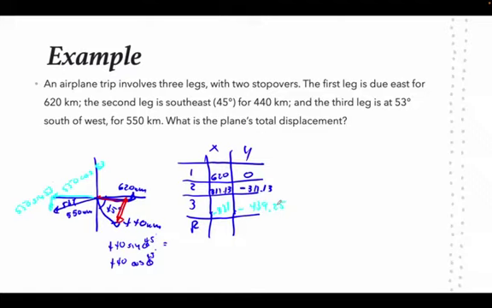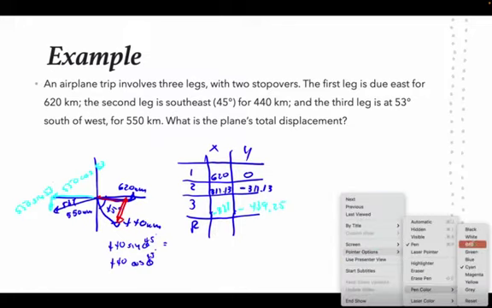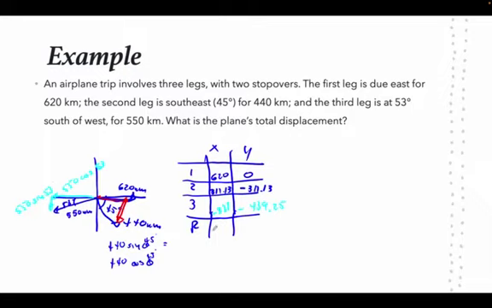So now I add 620 plus 311.13 minus 331 gives me 600.13. So this resultant vector here is 600.13. And on the y, I have 311.25 plus 439.25.